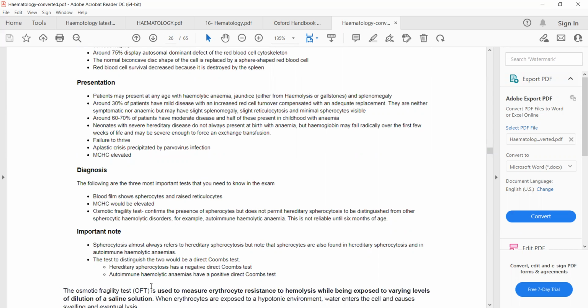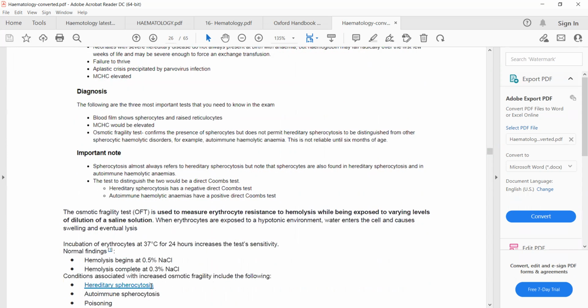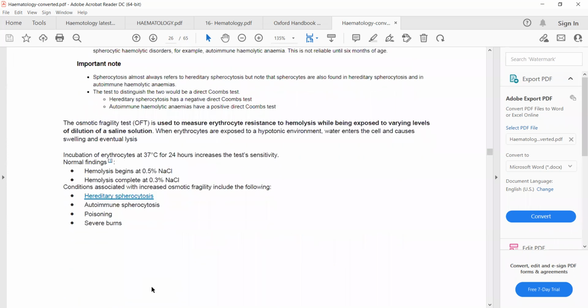Then how are we going to differentiate between these two causes of hemolysis, which have almost similar presentation and almost similar lab findings, spherocytes on a peripheral blood smear and a positive osmotic fragility test? These can be differentiated on the basis of the Coombs test.